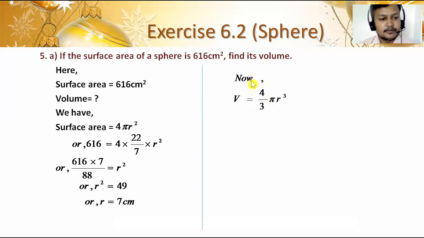Volume of sphere is equal to 4 by 3 pi r cube, and put the values now. 4 into 22 into 7 cube divided by 3 into 7 is 21. So all of you calculate it and get the final value.